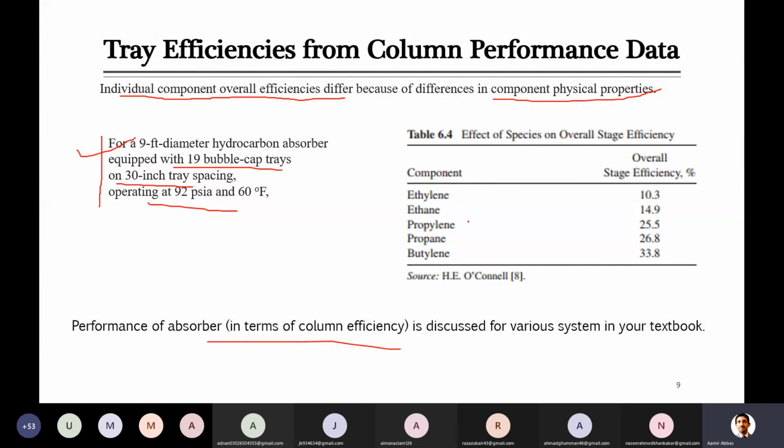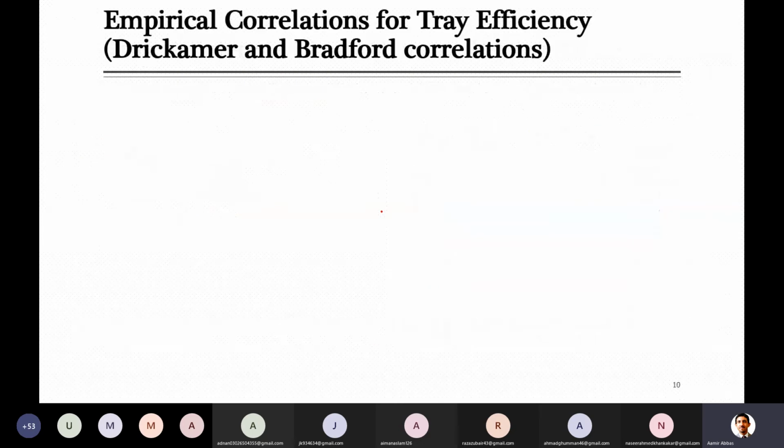But here you can see that with any of the hydrocarbons, they all have a different performance efficiency for their absorption. So this method is not that reliable, because if you want to use the efficiency of a column which already exists, then you have to look for more or less a replica of your system, or one that is very close in terms of operating conditions as well as composition.